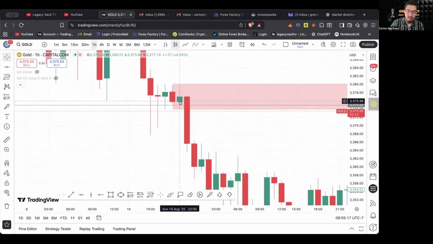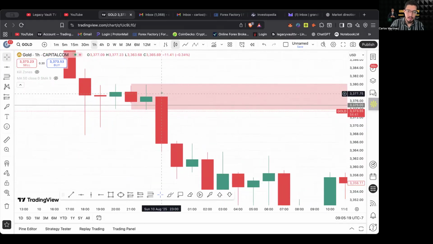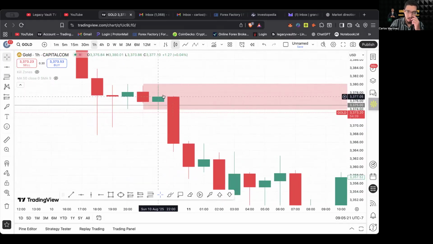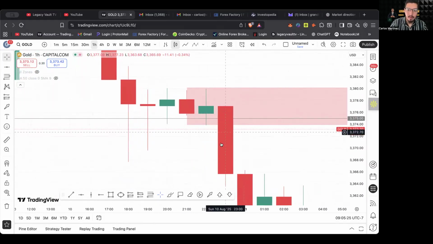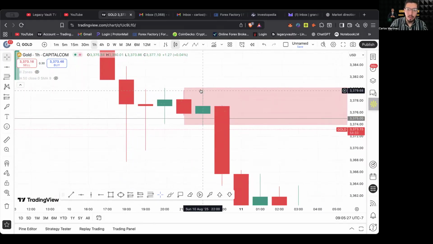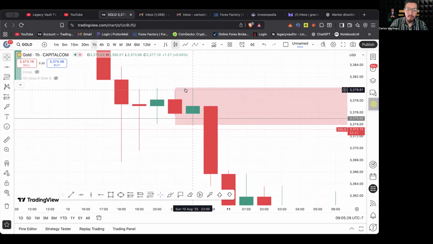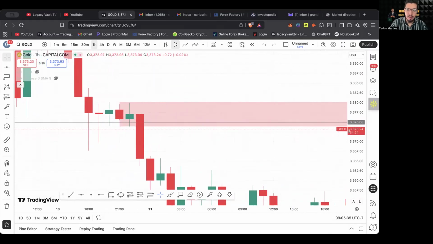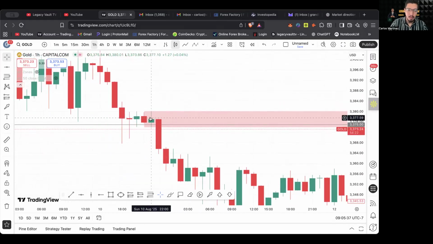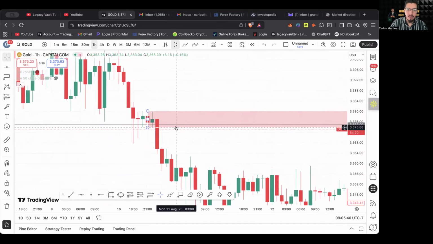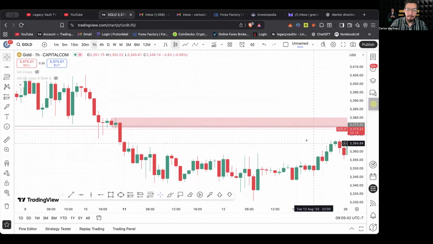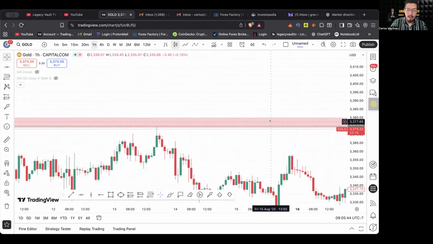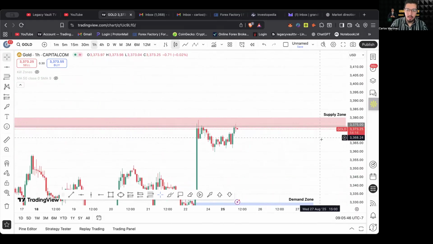This bullish candlestick doji resulted in an order block, and I drew the box from the upper wick to the lower wick. That's going to be the size of your zone. And it's an area where there's high selling pressure.